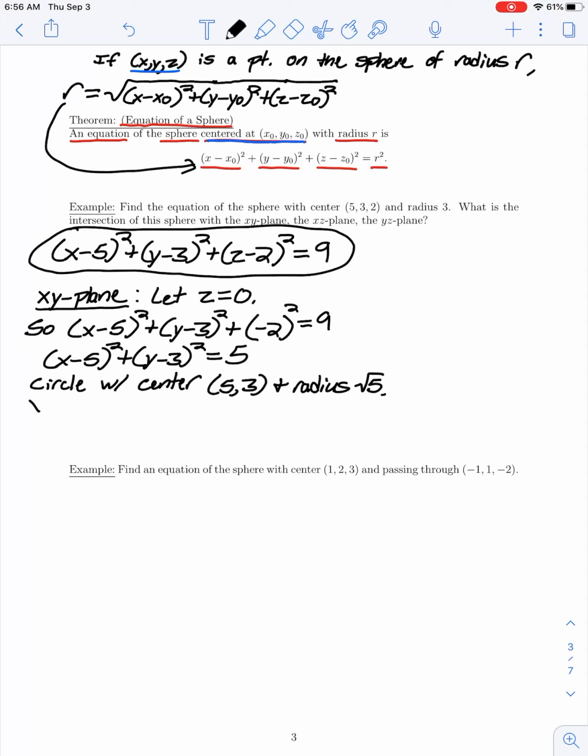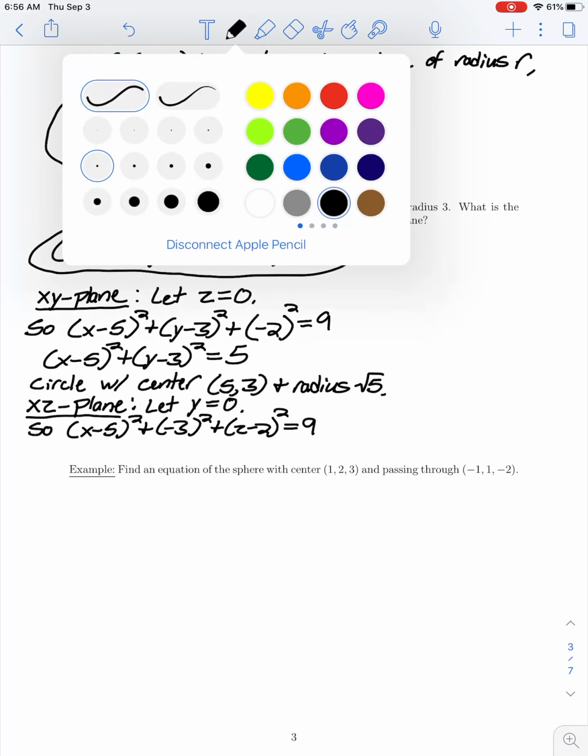For the xz plane, for any point in the xz plane, we're going to let y equal 0. And so the equation of our sphere becomes (x - 5)² + (-3)² + (z - 2)² = 9.